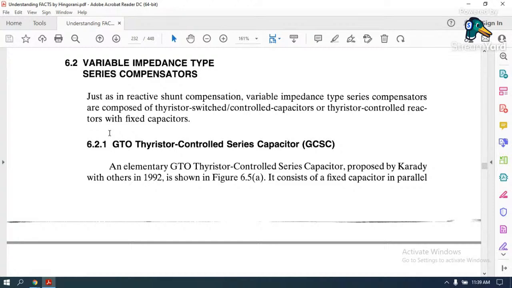Okay, now point number 6.2, variable impedance type series compensator. Remember, we are trying to cancel out the inductive reactance of the transmission line. To cancel, we connect only a capacitor, right?